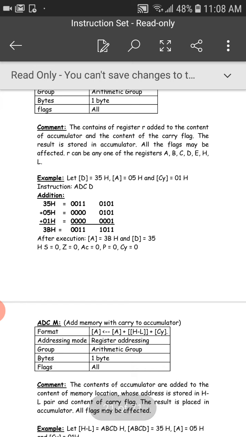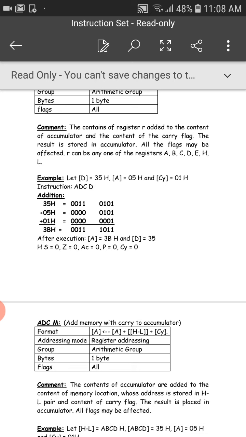We already covered all these additions in our previous sessions, so you can get the proper answer. And after execution, the accumulator contains 3BH and D is equal to 35.